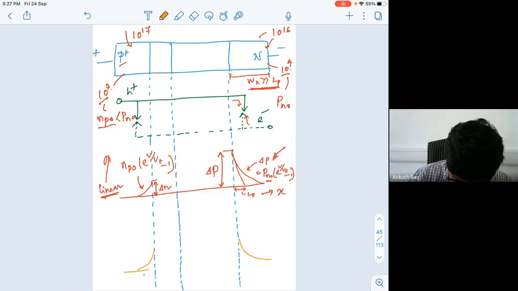Let me draw this. Since del n and del p have this dissimilarity, we'll have this dissimilarity in the current density also. Let's say this is the Jp.